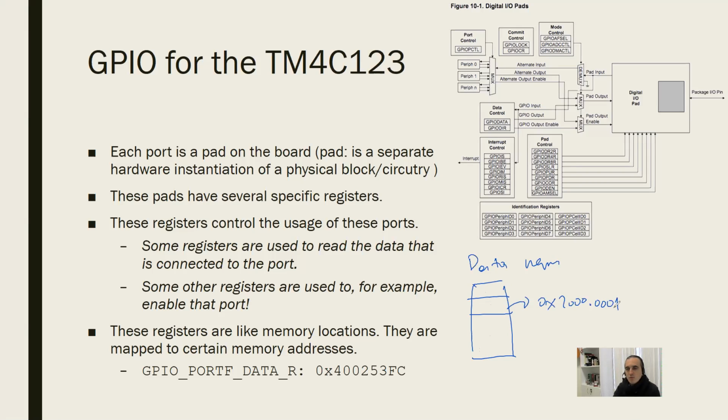That's a data memory place, right? When I say this address, I'm pointing to this line, right? Actually, some of these addresses do not indicate the data memory, but they indicate some other places. For example, the GPIO port F data register is indicated by this address.